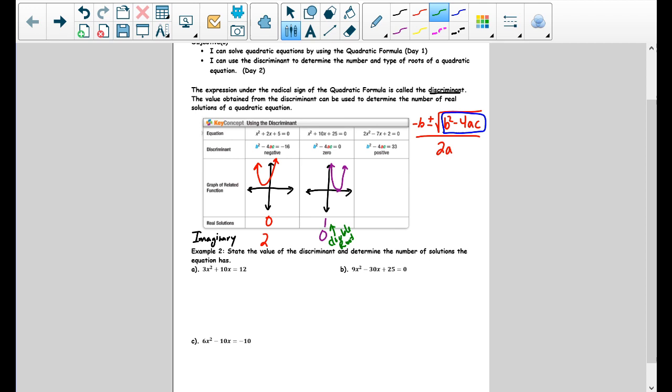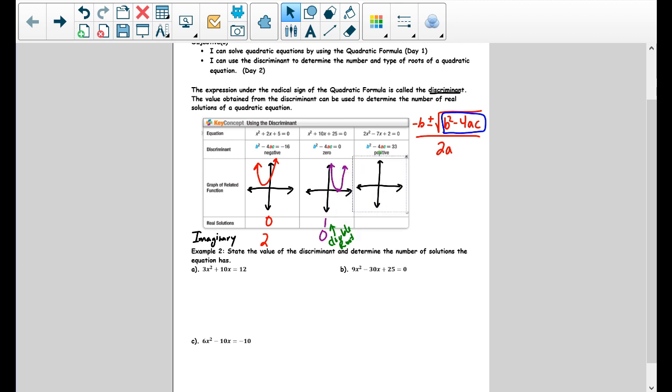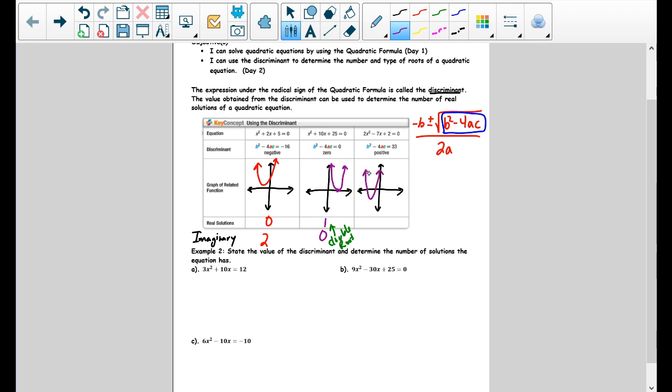And then the third column of our chart here, we have 2x squared minus 7x plus 2. Again, if we plug in that discriminant, that b squared minus 4ac, we get a 33. It's positive. And so that means that our graph goes below that x-axis and hits it in two spots on our graph.